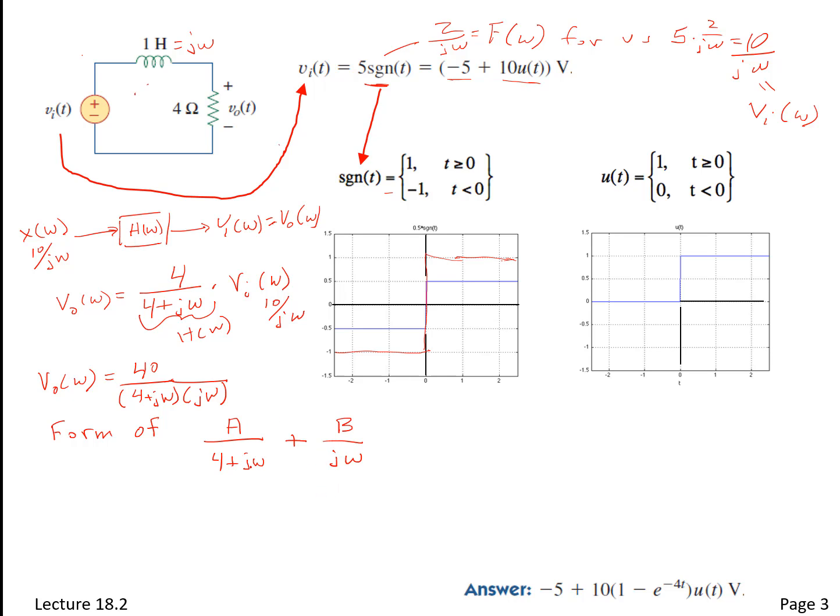If we can get it in this form, this is a very simple transform plus a very simple transform. So this is beginning to look like a Fourier transform.